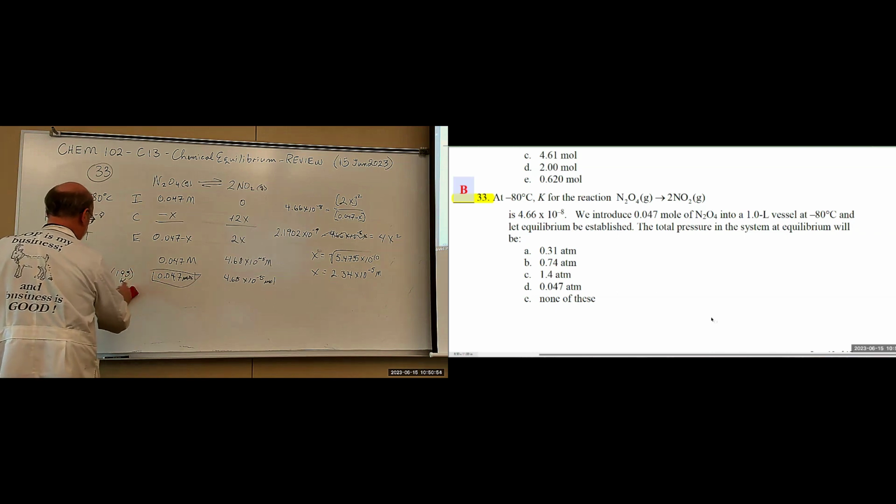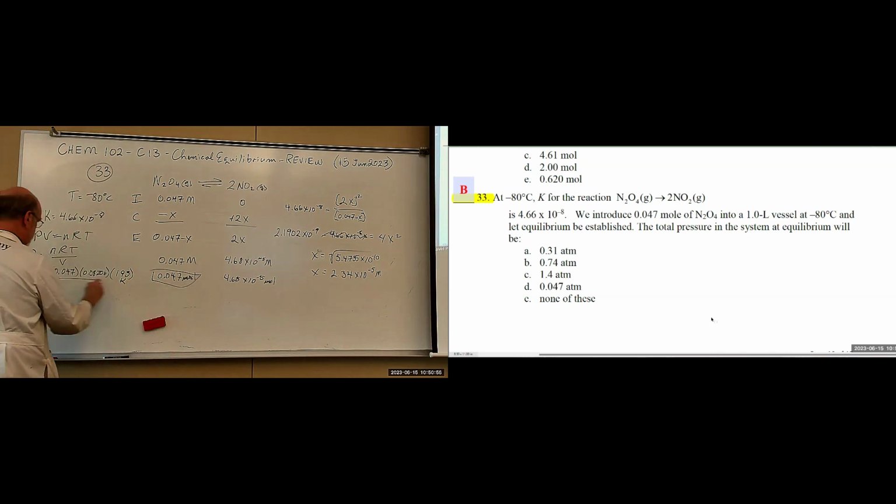Divided by volume, 1 liter. All right, so I've got the K in there. I'm going to multiply it times R, and then times the number of moles of gas by 1. So I get pressure is equal to 0.744 atmospheres.